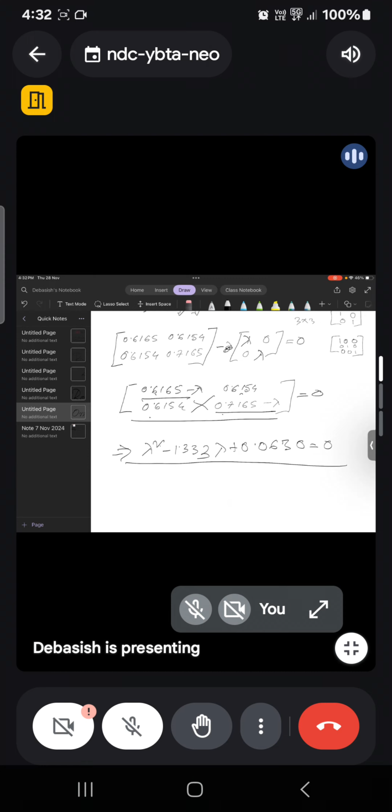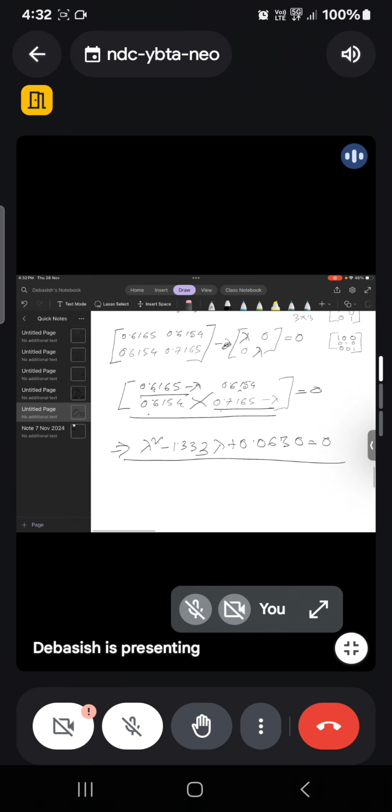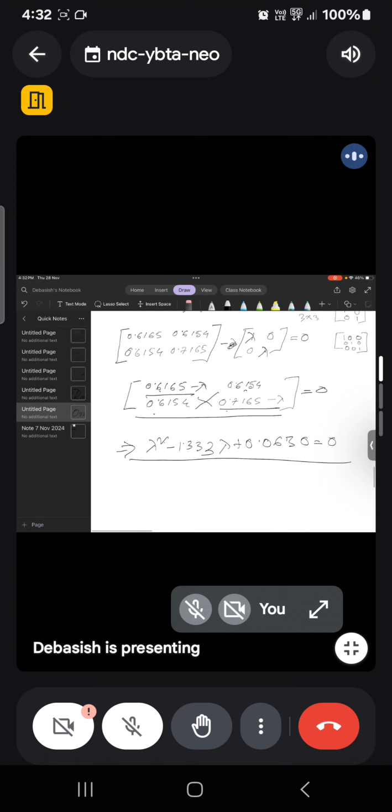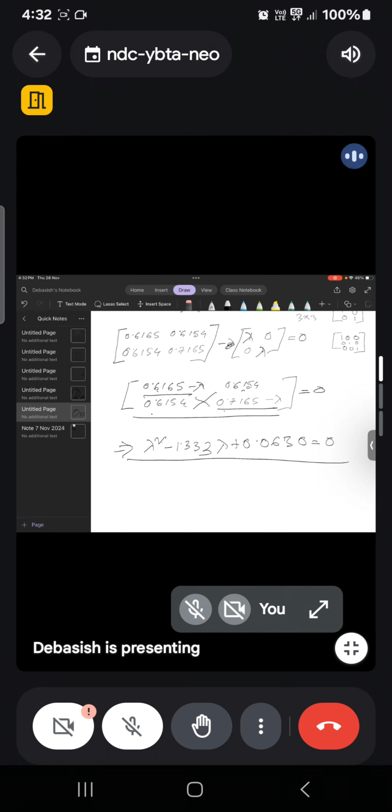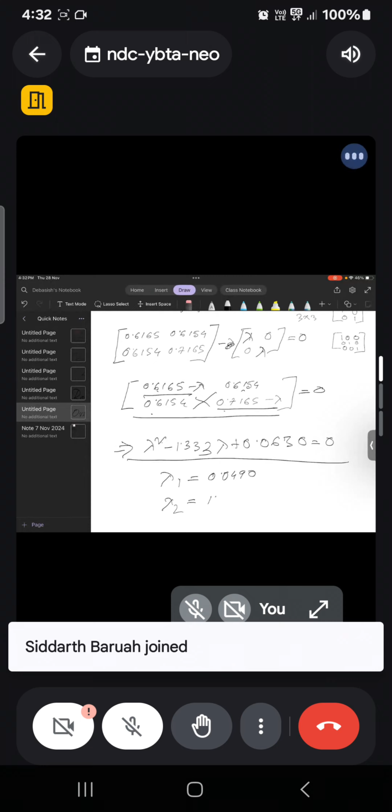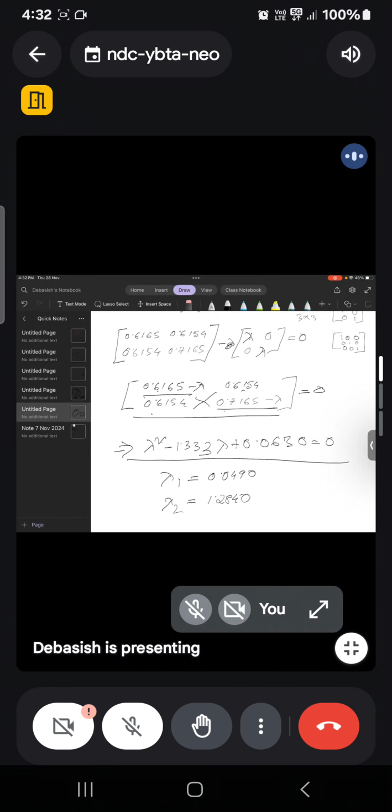Since it is a quadratic equation, there will be two answers. The first root we consider as lambda 1, with value 0.0490, and lambda 2 will be 1.2840.